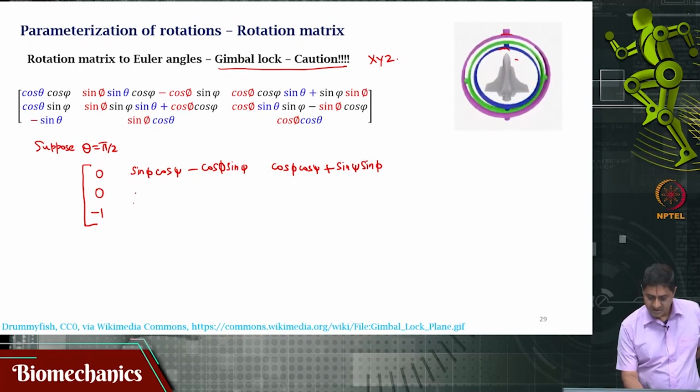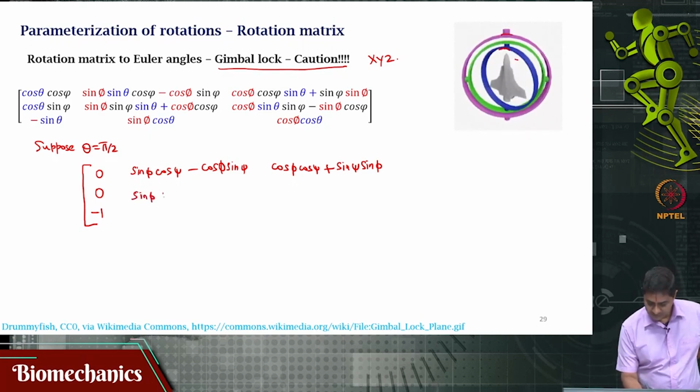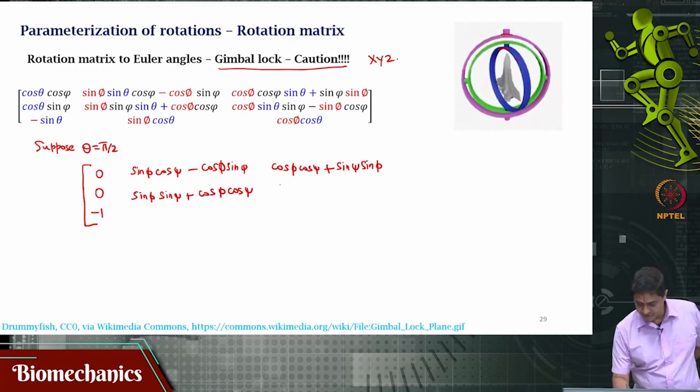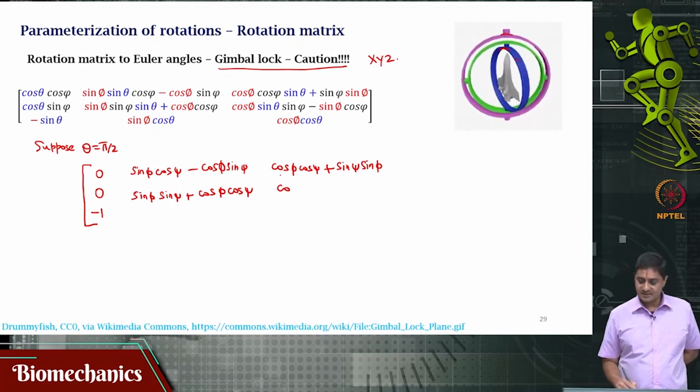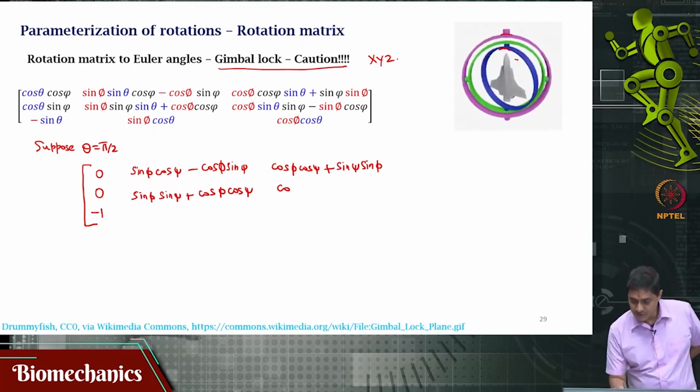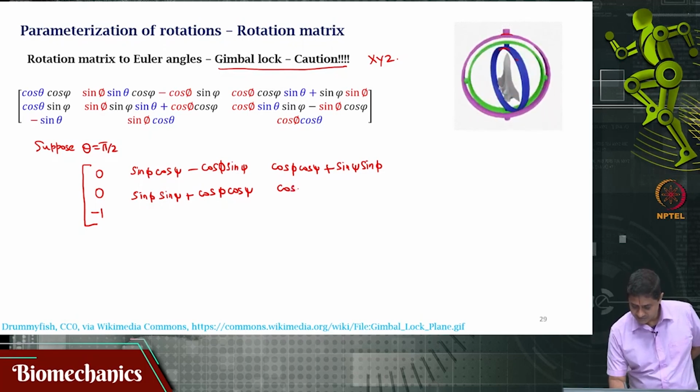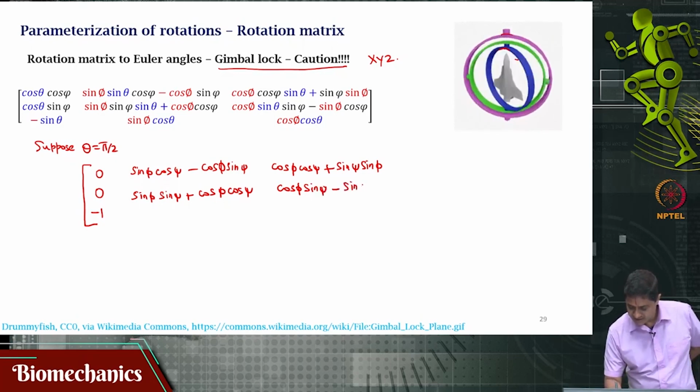The next element is sin phi sin psi sin theta, and because sin theta is 1, this becomes sin phi sin psi plus cos phi cos psi. This is also looking like a trigonometric identity. The next one is cos phi sin theta sin psi, and because sin theta is 1, that becomes cos phi sin psi minus sin phi cos psi.